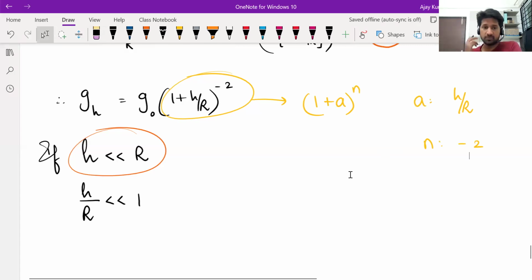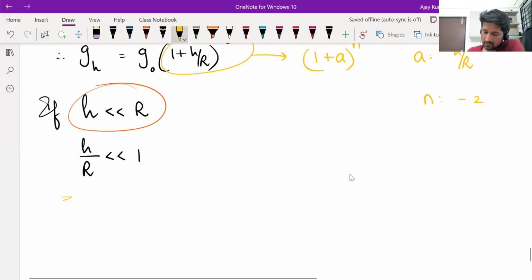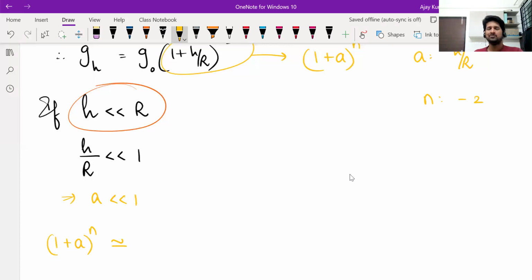Now H by R is very small compared to 1. That means A is very small compared to 1. And if A is very small compared to 1, (1 plus A) whole power N. Can any of you tell me what this can be approximated to? We used to do this in the beginning, especially those of you who were there in my differentiation, calculus classes, we learned this approximation there. What is (1 plus X) whole power N when X is very small?